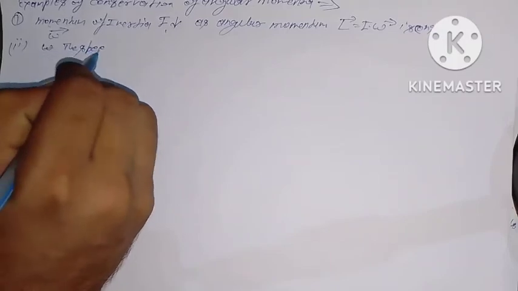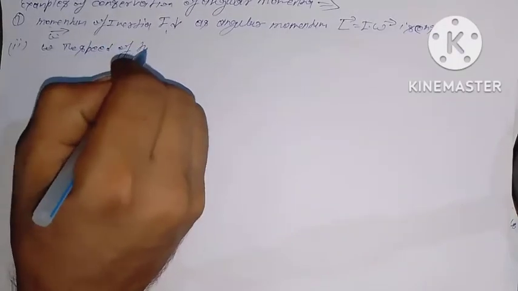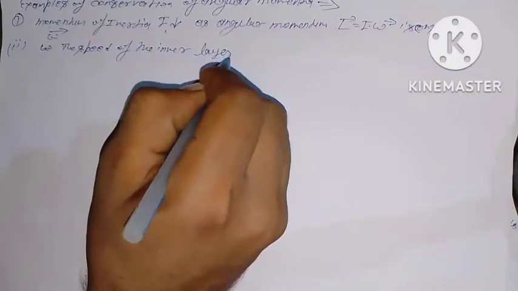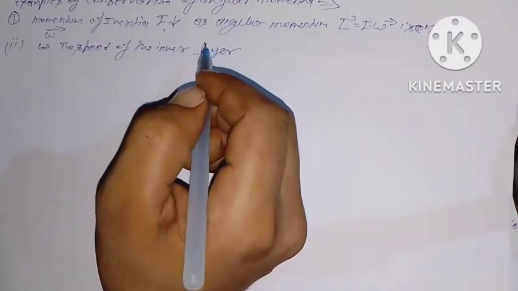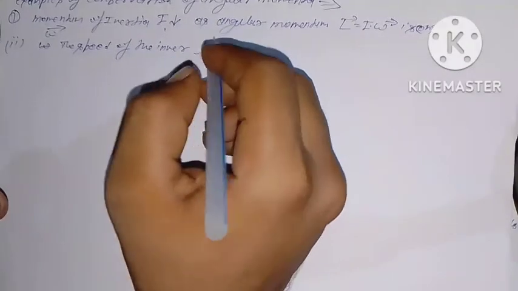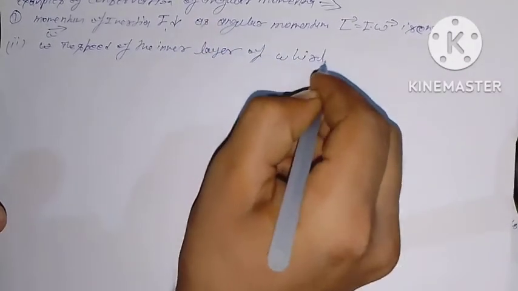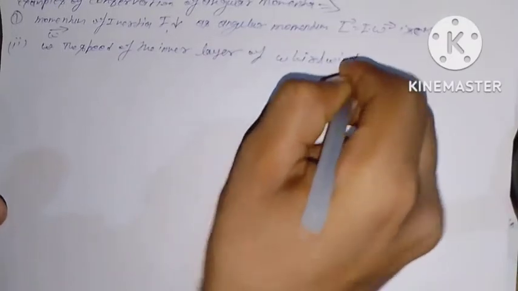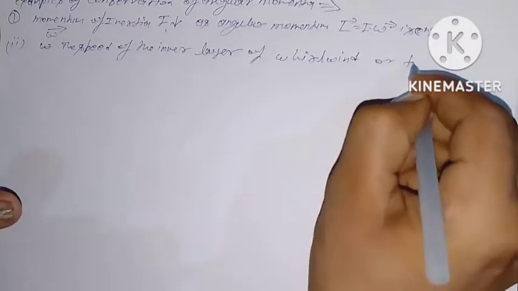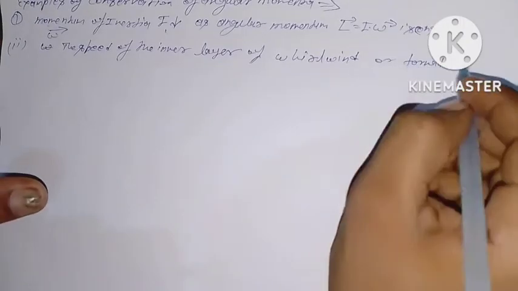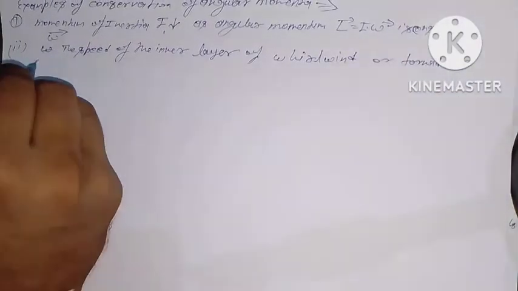The speed of the inner layer of a tornado is always very high.